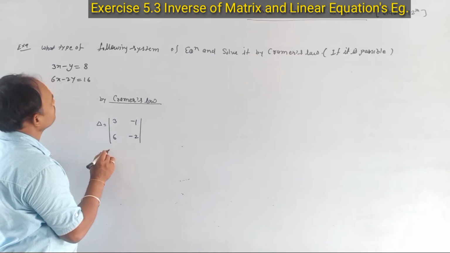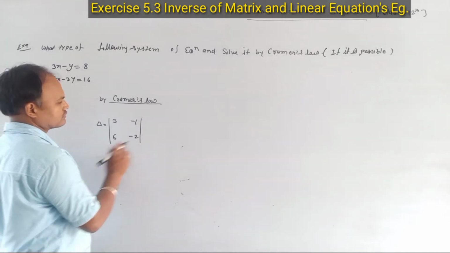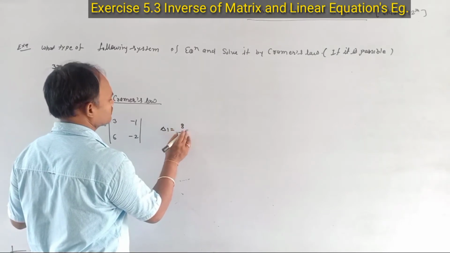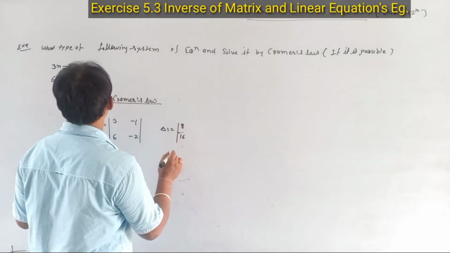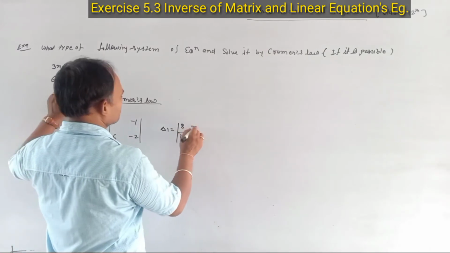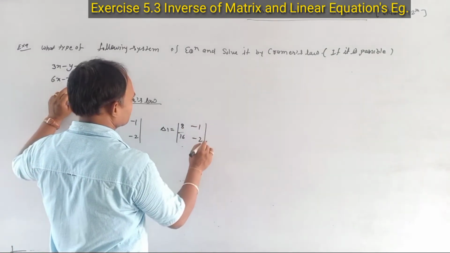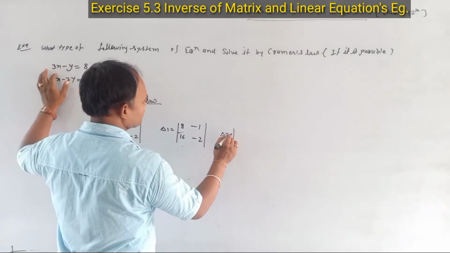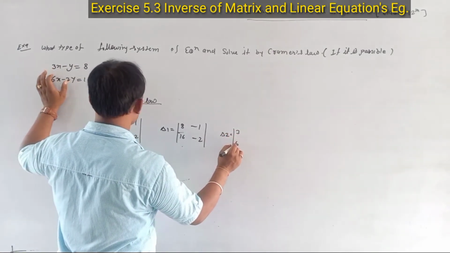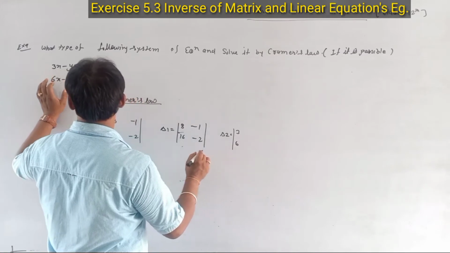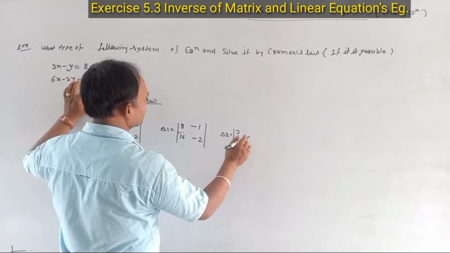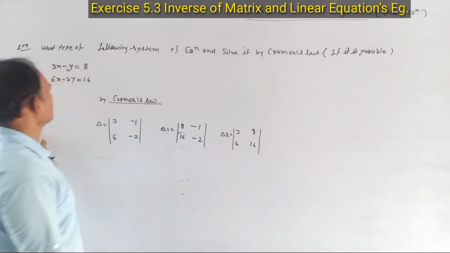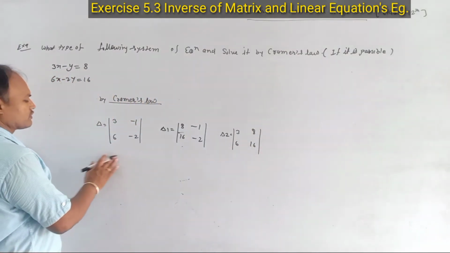Delta 1 equals 8 16, minus 1 minus 2. What about delta 2? Put it here, so it is 3 6, 8 16. Okay, so these are the values. Now we are going to solve this.